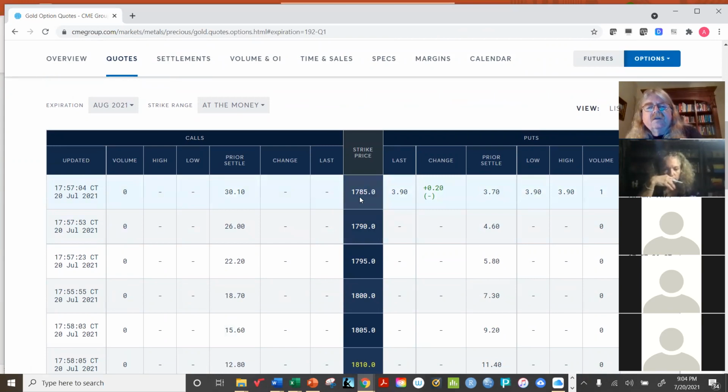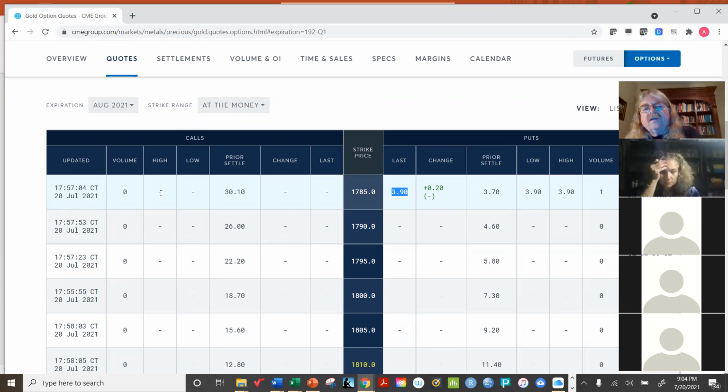So the one that has a strike of 1785, the call price is $30.10. The put price looks like it's $3.70. Okay, or actually, no, you know what it is? I just realized this is the day before's settlement price. That's where it closed. The last traded price for this put is $3.90.